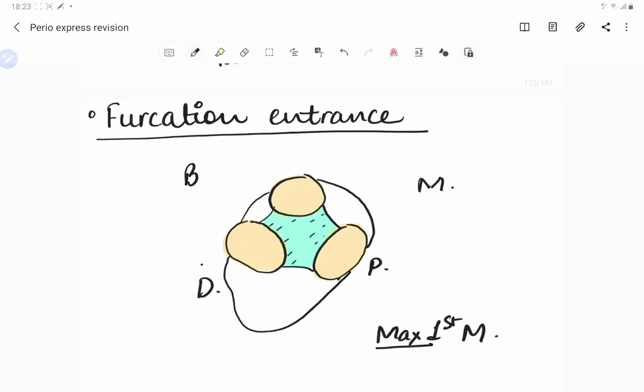So this is very easy. So this is the buccal furcation entrance, this is the mesial furcation entrance, then guys here we have the distal furcation entrance. So there are 3 furcation entrances you can see. So it is the transition area between the undivided and the divided part of the root.